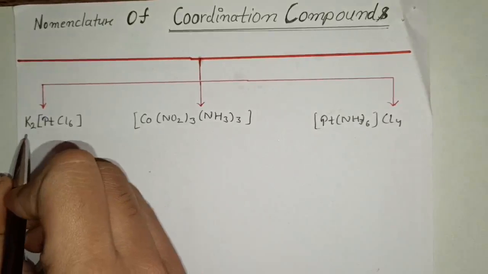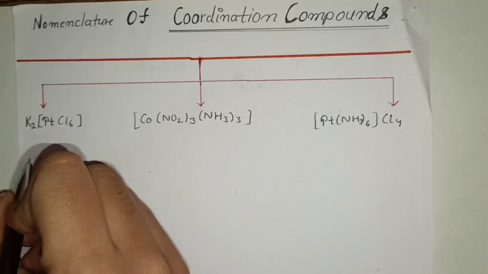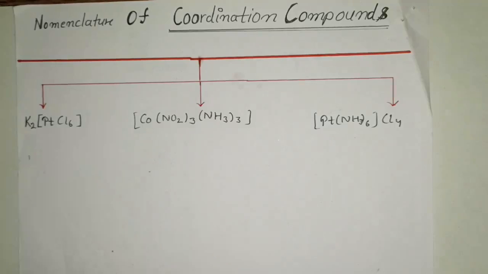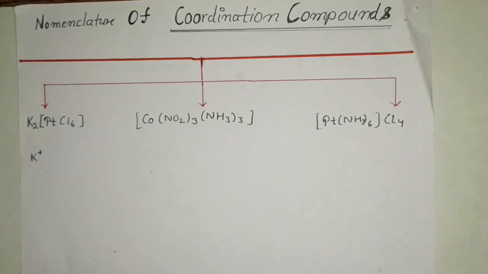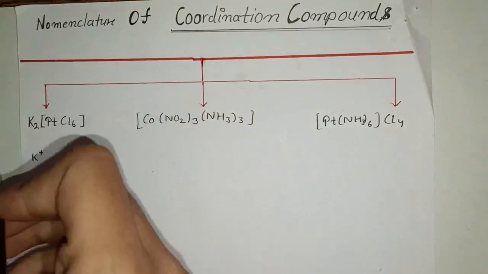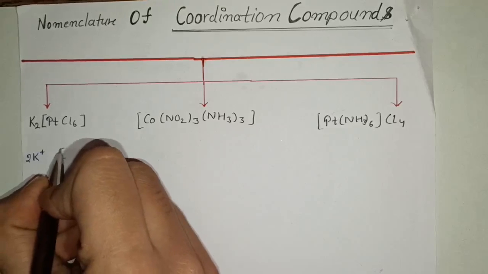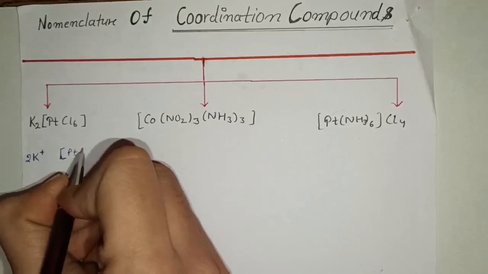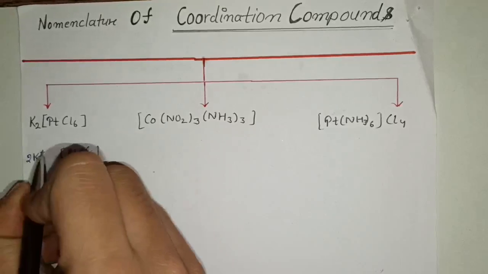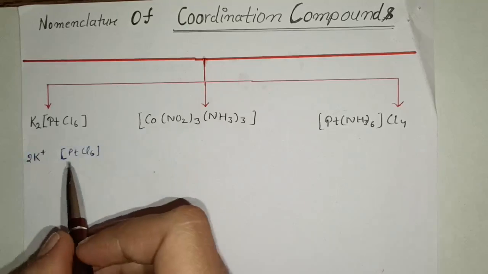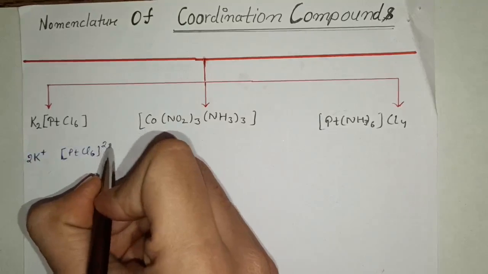You can see in this particular example, potassium having positive charge, K plus, and how many potassium over there? 2. That means this coordination sphere will have equivalent negative charge. So double plus single plus charge and 2 potassium, that means it will result in double minus charge.